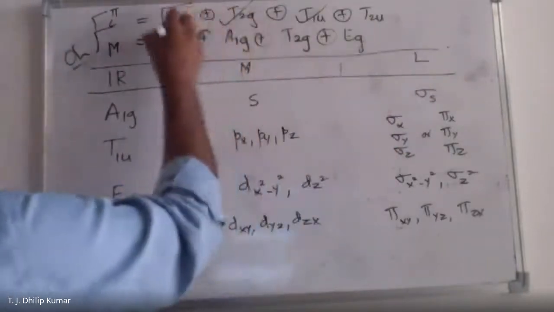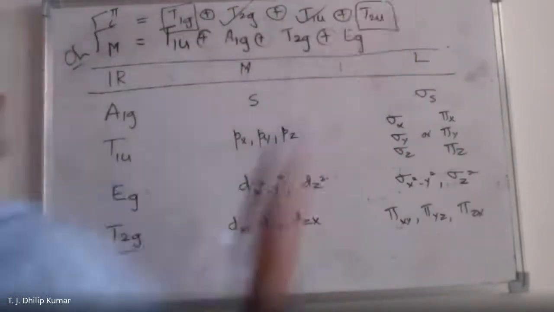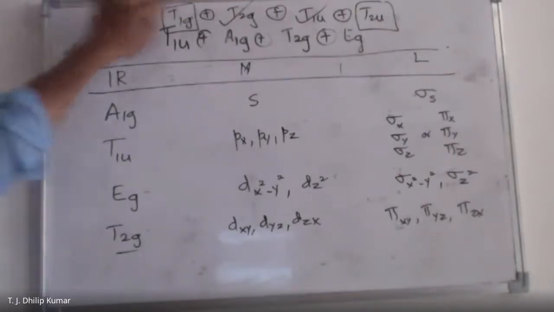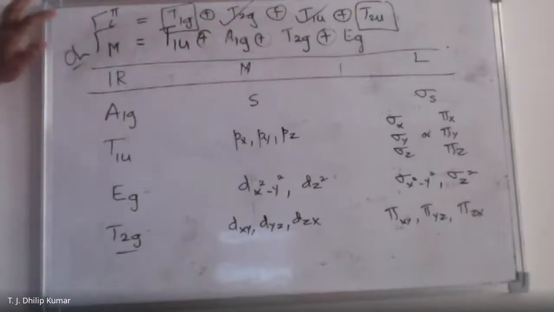But these two, T1g and T2u, remain; they don't overlap at all. They don't combine with the metal orbitals because the metal orbitals don't have these two symmetries. So although those ligand orbitals are present with this symmetry, they don't overlap with the metal. They remain as non-bonded orbitals, without combining with the metal orbitals.